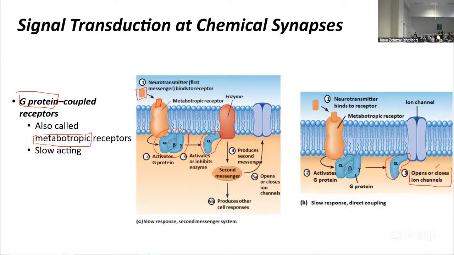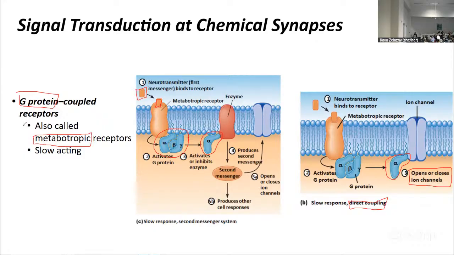So our metabotropic receptors, or G protein coupled receptors, are more complex than the ionotropic one. But of the two types of metabotropic receptors, this is the simpler thing. We can just open an ion channel with that G protein. We'd call that direct coupling. We directly coupled this up with an ion channel somewhere else on the membrane.